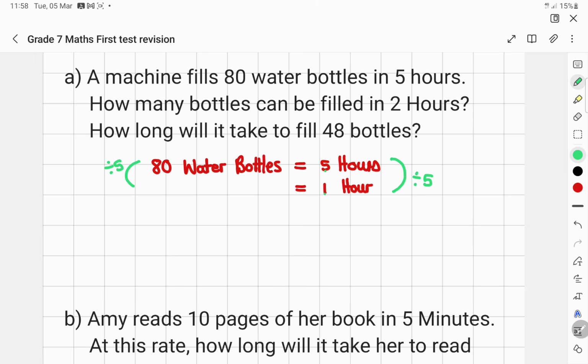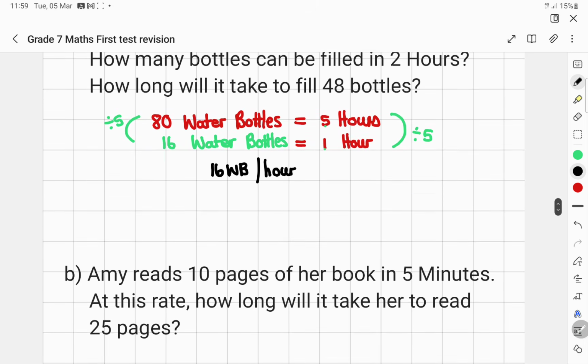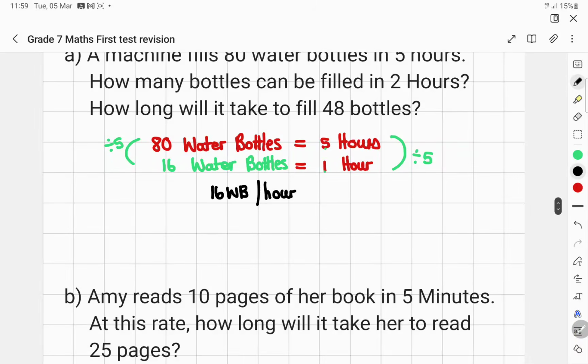So 80 divided by 5 gives you 16 water bottles per hour. And the way we write it as a rate is 16, let's abbreviate that, water bottles per hour, like that. Okay, and now they say to you, how long will it take to fill 48 bottles? So if 16 water bottles take 1 hour and we want to fill 48 water bottles.